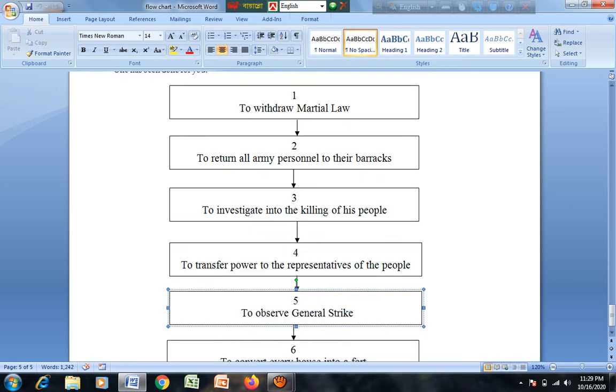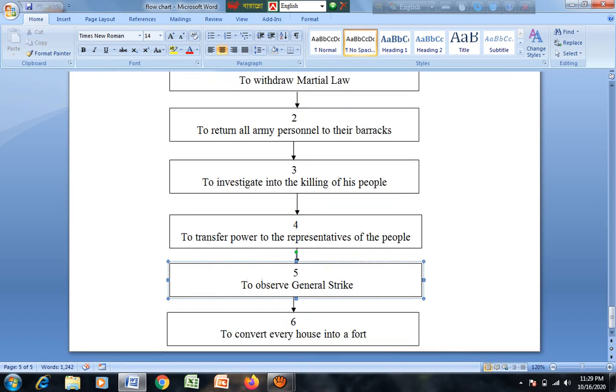If the authority did not comply with his demand, then he asked his people to observe general strike. Then box number 6, to convert every house into a fort. Bangabandhu directed his countrymen to be ready to face the enemies with whatever they have.